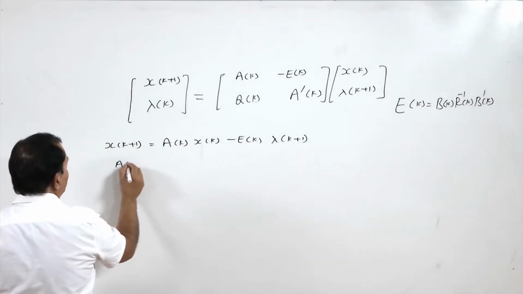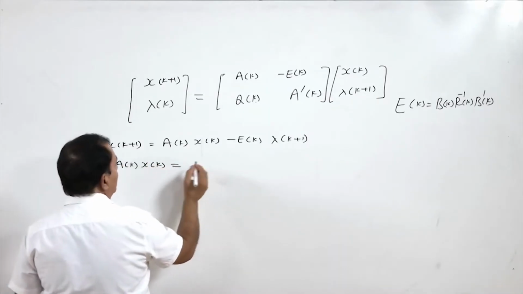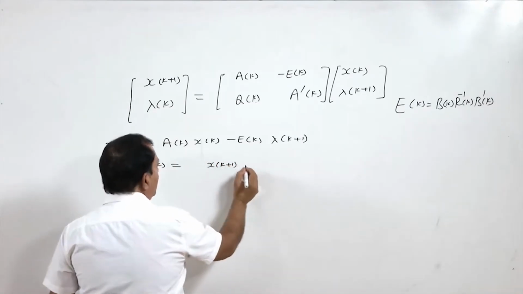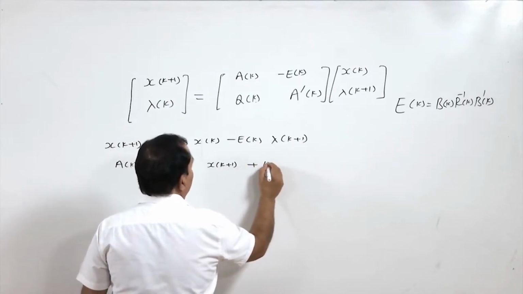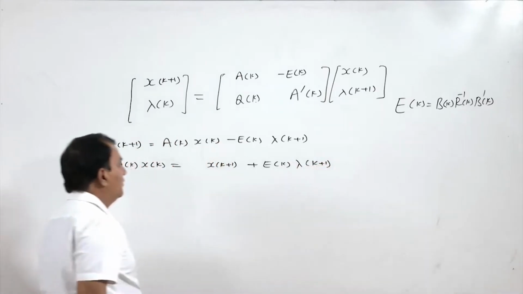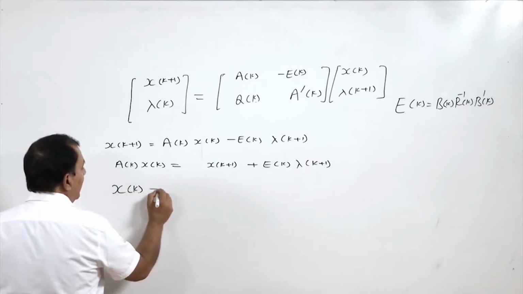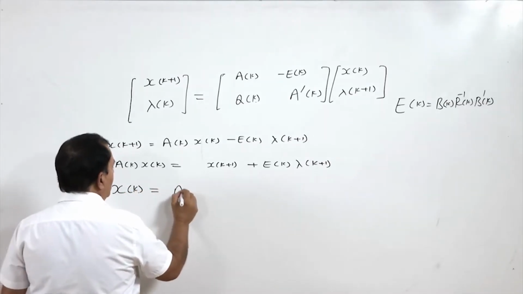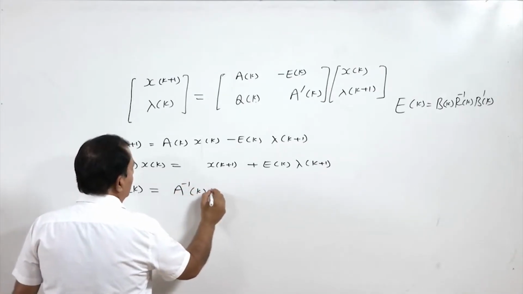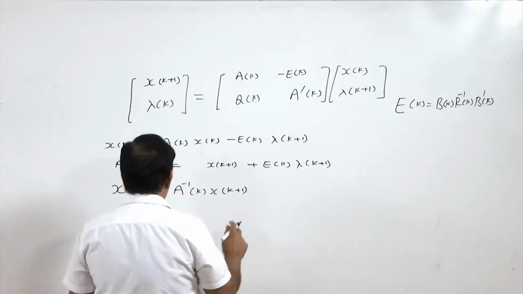So, I can write A k x k as x of k plus 1 plus E k lambda of k plus 1, or simply I can write my equation as x k equal to A inverse x of k plus 1, I am pre-multiplying this with A inverse.